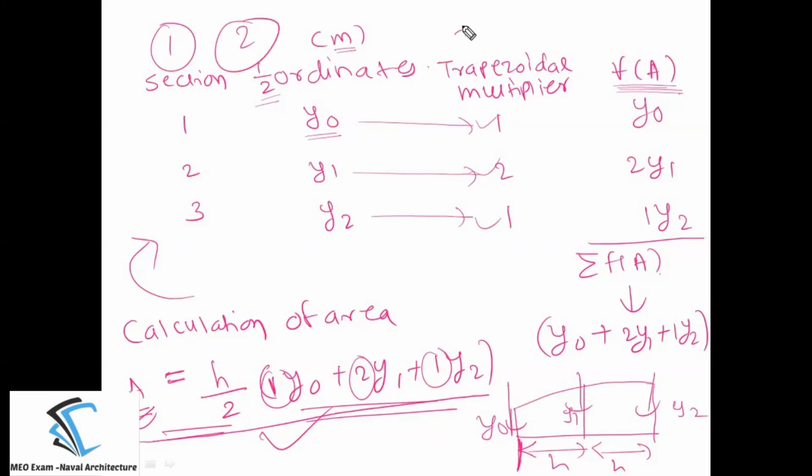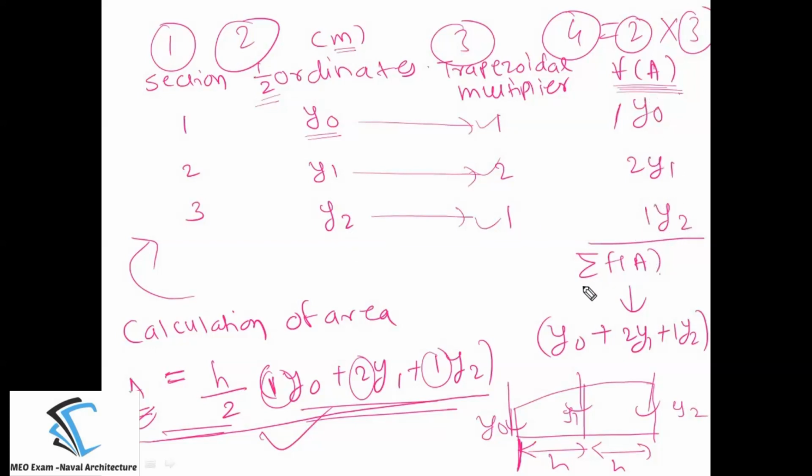Column number 1, 2, 3, 4. Column number 4 becomes column number 2 multiplied by column number 3. So y0 into 1, so it will be 1 into y0. y1 into 2, 2 into y1. y2 into 1, 1 into y2.